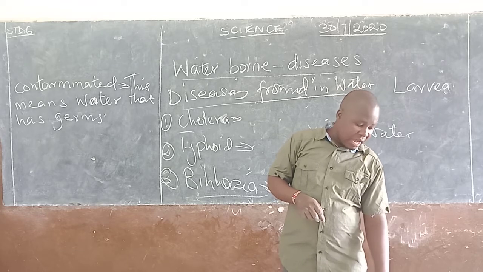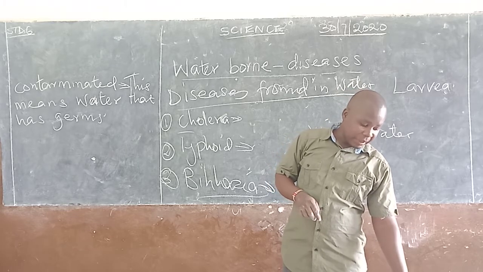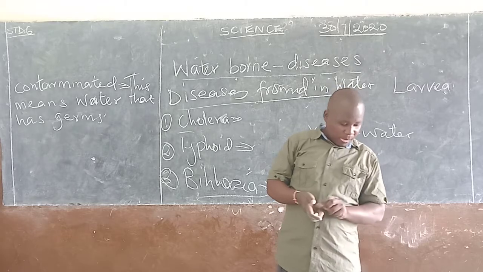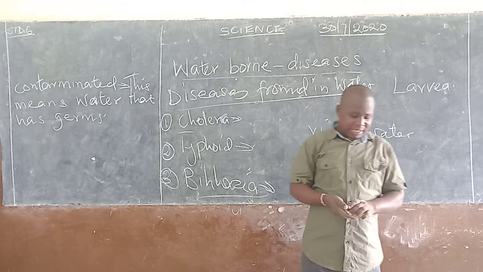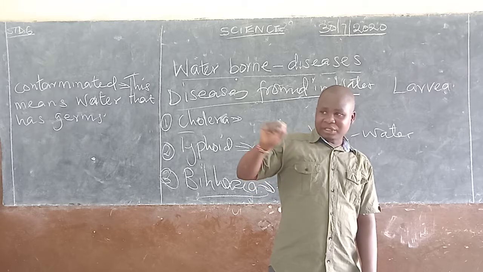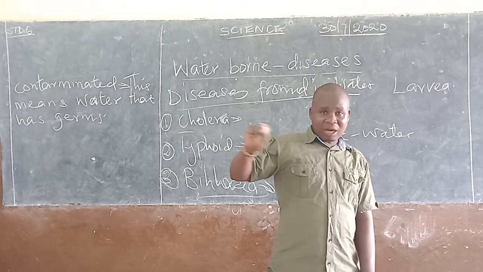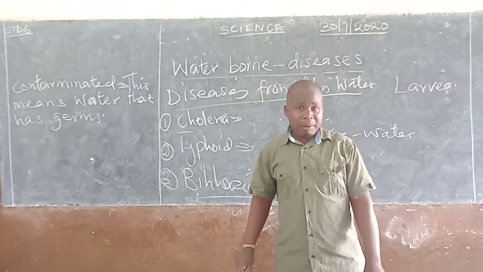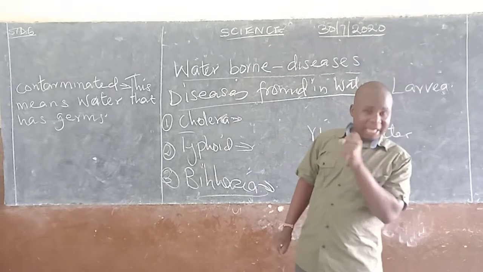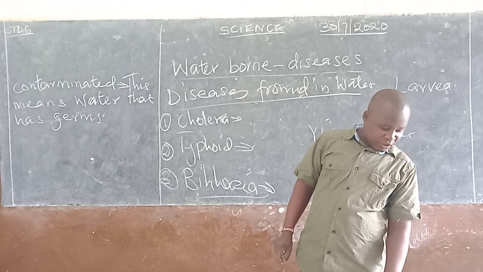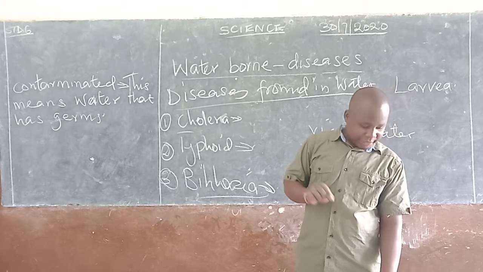Now look at how bilharzia worms are spread. I want you to listen to this. A person suffering from bilharzia normally passes out eggs containing bilharzia worms, through urine or feces.